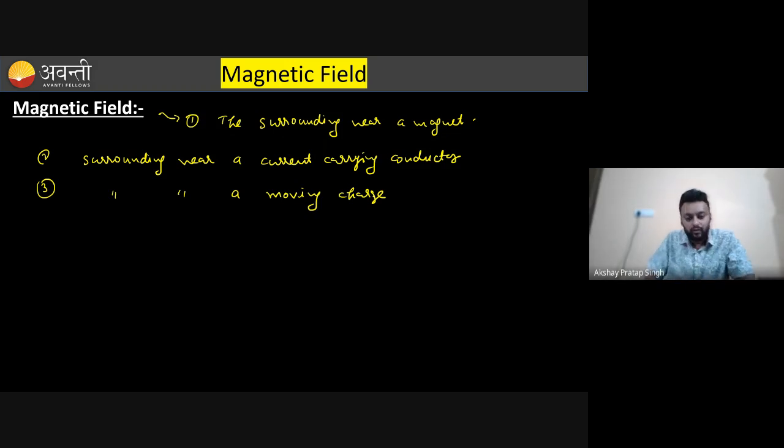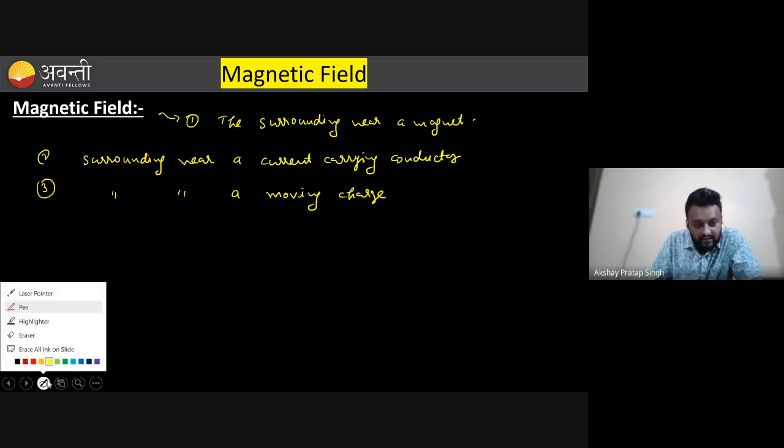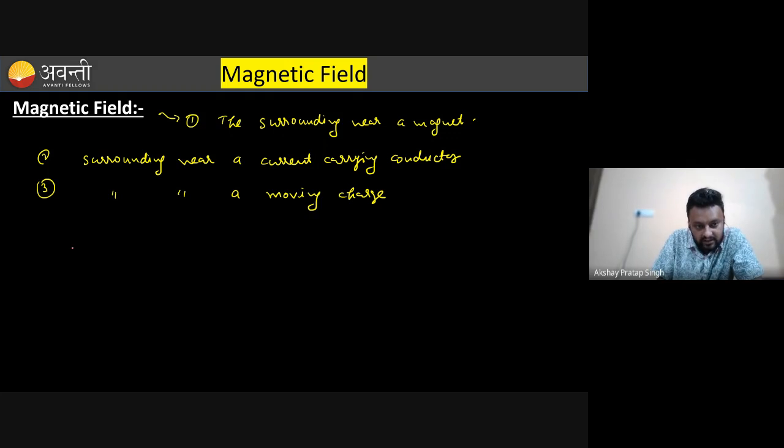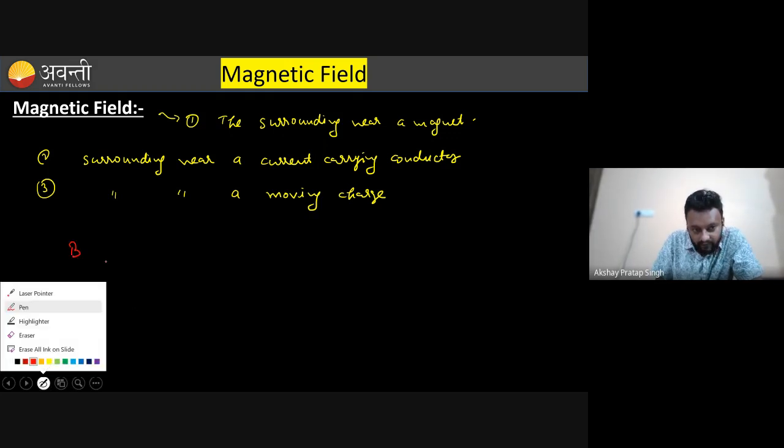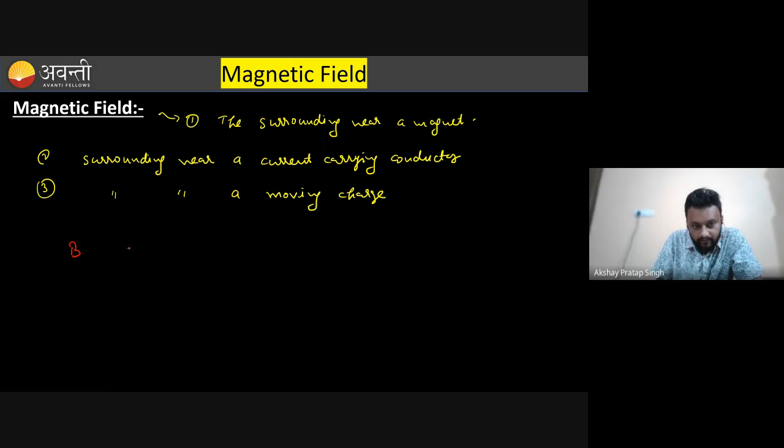Clear? This magnetic field is denoted by the symbol B. It is a vector quantity and its unit is Tesla. The symbol for this unit is capital T.